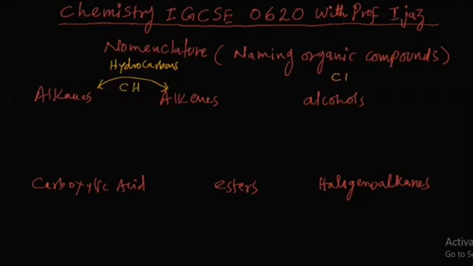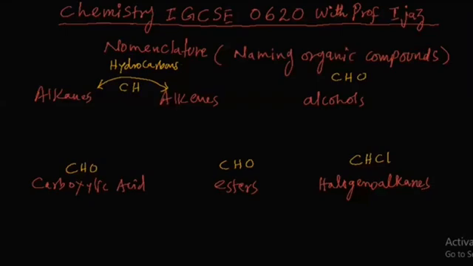Alcohol contains carbon, hydrogen, and oxygen. Carboxylic acid also contains carbon, hydrogen, oxygen. Esters, carbon, hydrogen, and oxygen, and halogenoalkanes contain carbon and hydrogen. When we say halogeno, it means there must be a halogen, like chlorine, bromine, iodine.